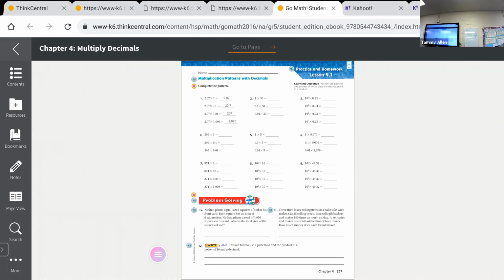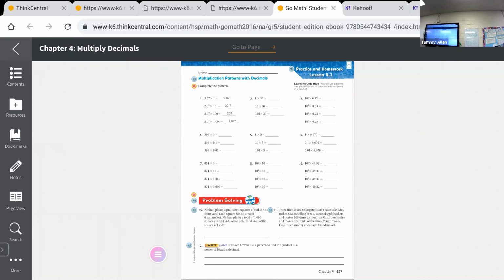Number 3, 23 hundredths, 2 3/10, 23, 230. Number 4, 390, 39, 3 9/10. Number 5, 5, 5/10, 500.